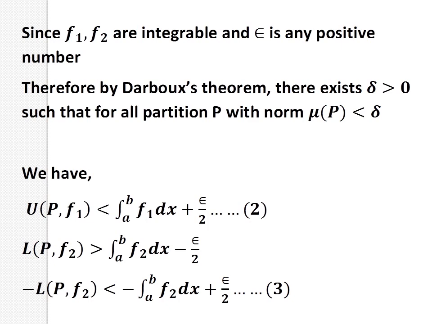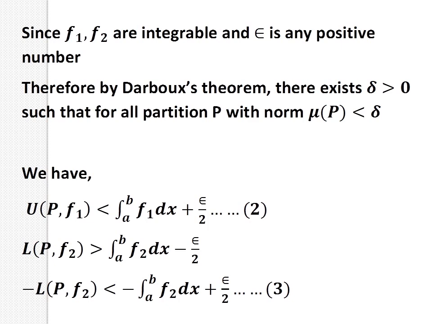Since f1 and f2 are integrable and epsilon is any positive number, therefore by Darboux's theorem there exists delta greater than 0 such that for all partitions P with norm mu of P less than delta, we have upper limit of f1 less than integration of f1 from a to b plus epsilon by 2 and lower limit of f2 greater than integration of f2 from a to b minus epsilon by 2.